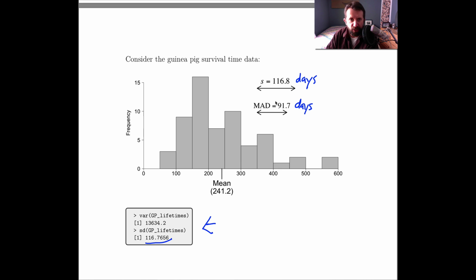I can't give you a perfect general rule other than saying your standard deviation is going to be a little bigger than your mean absolute deviation. So it's kind of hard to think of what exactly that standard deviation means, but if we think of it as a quantity that's helpful mathematically at times and that it's a little bigger than your mean absolute deviation, that's not a terrible way to think of it.